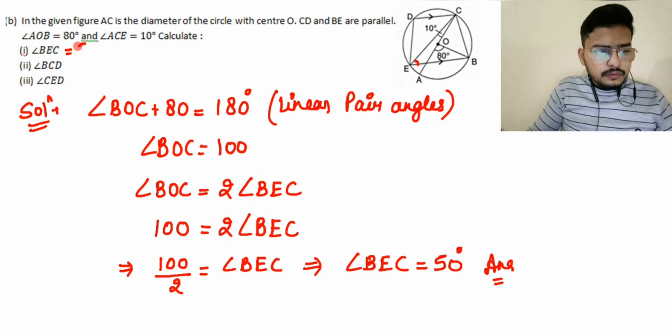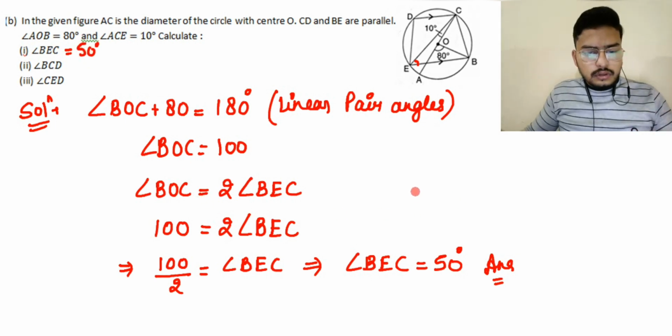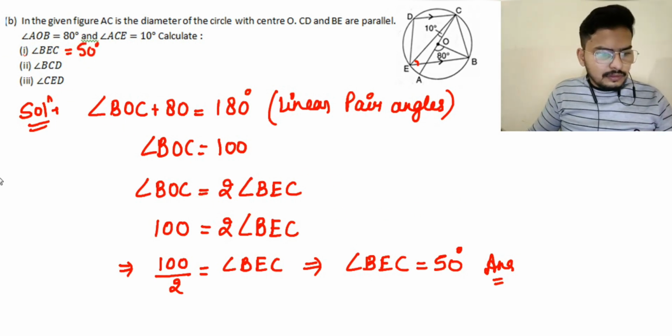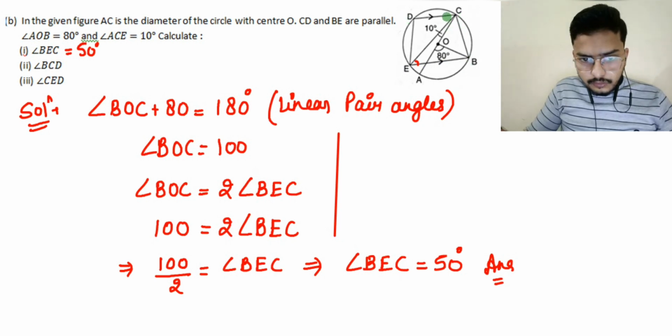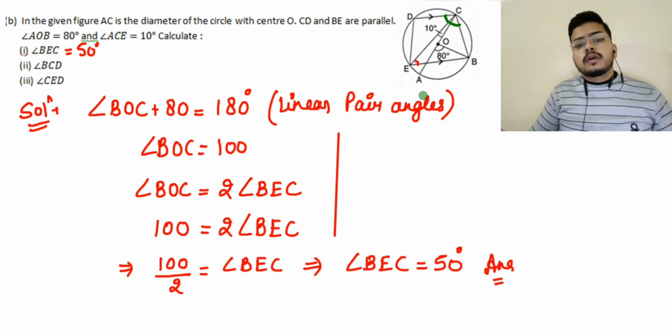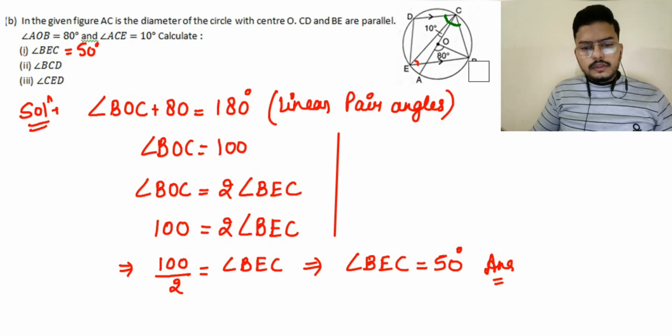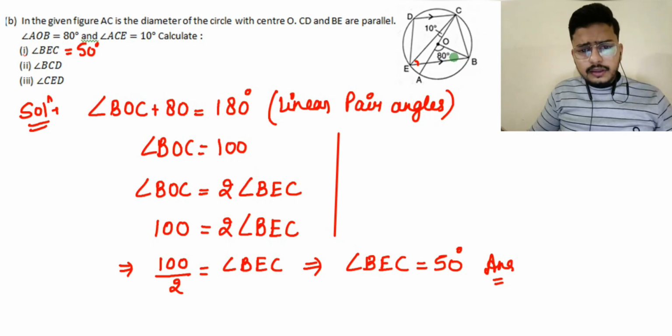So this is your first answer, right? That angle BEC is 50 degrees. Now look at the angle BCD. Okay, look at the BCD. So how can we find this B, C and D? Means we have to find this whole angle. Okay, now look very carefully.